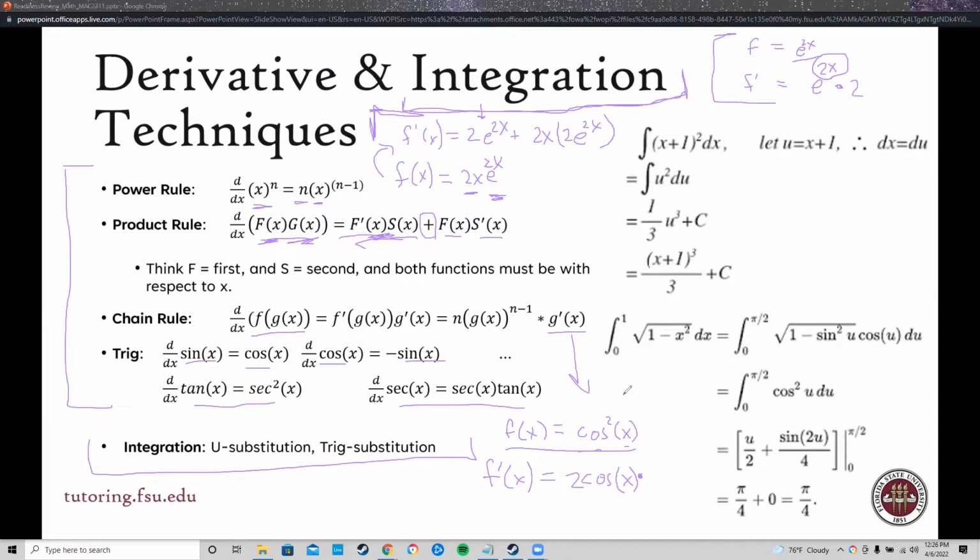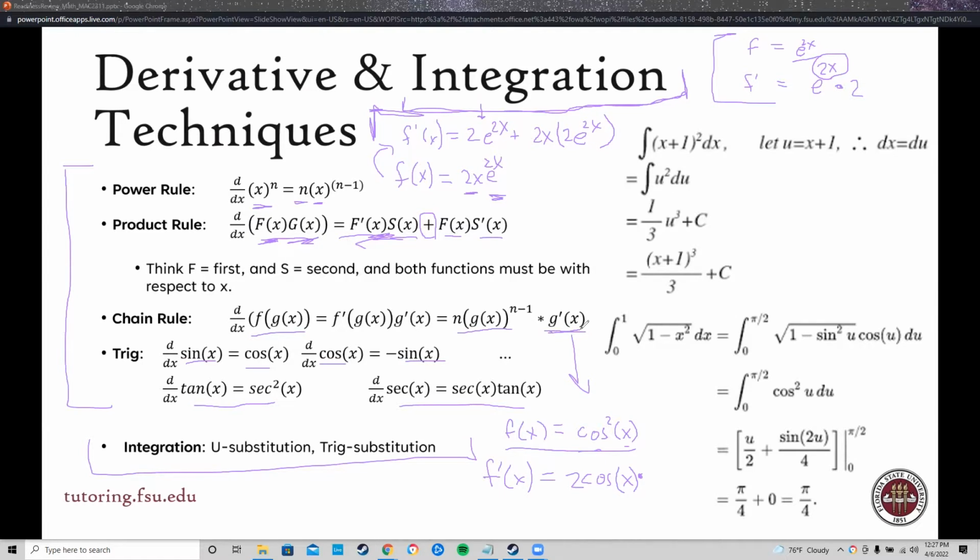Actually, I said that kind of wrong. The outside function, because this is raised to a 2, is actually the fact that it's raised to an exponent. So it's this 2 power, and the inside function now is this cosine of x. When I bring the 2 down in front, I went through this stage of the chain rule.